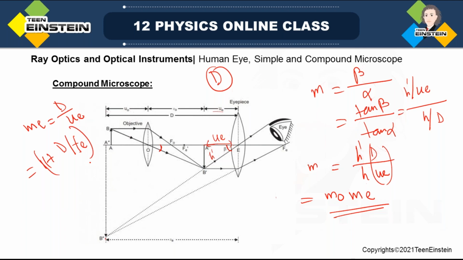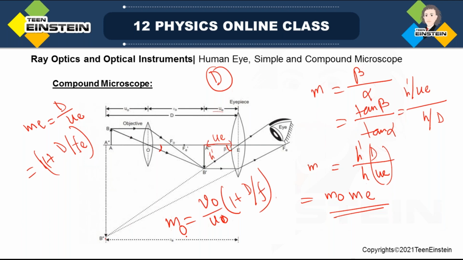And for m objective, we know this will be given by vo by uo, into 1 plus d by fe.